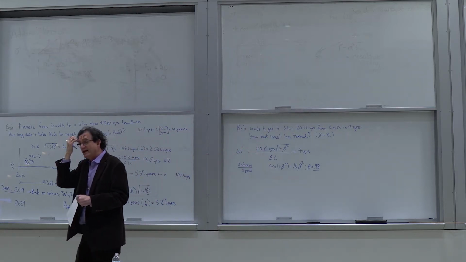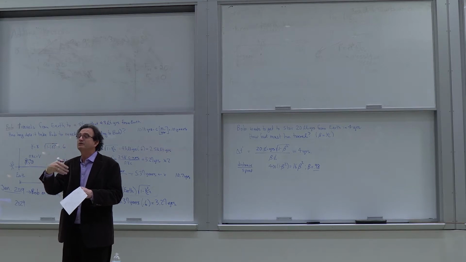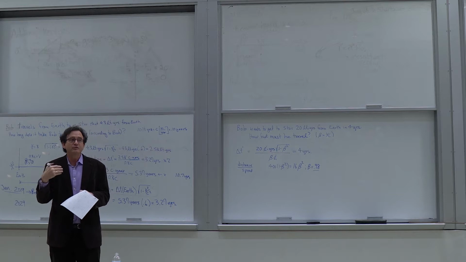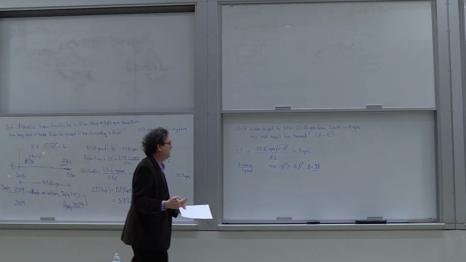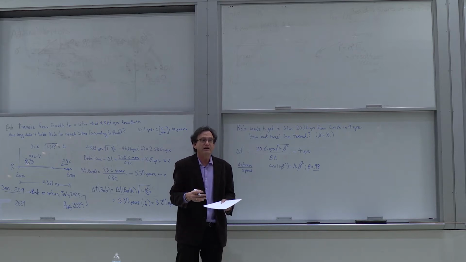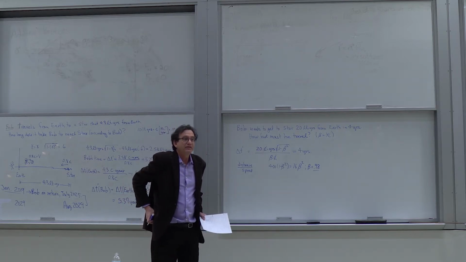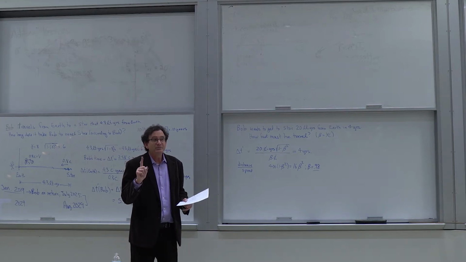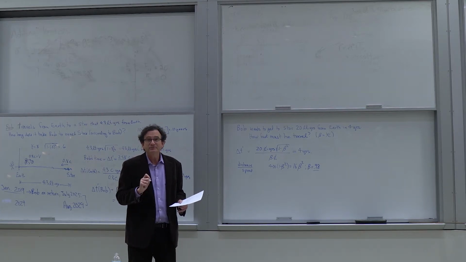And now, how much fuel, how much oxygen, how much food does he need? He only needs 4 years worth to get there, 4 years there and 4 years back. But, and this is a big but, he better not slow down.